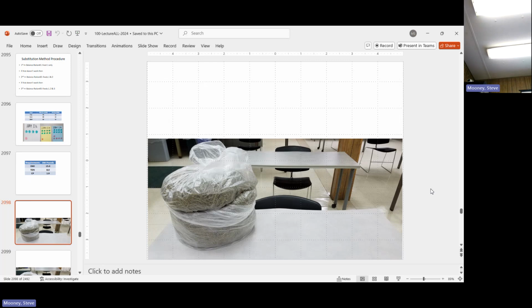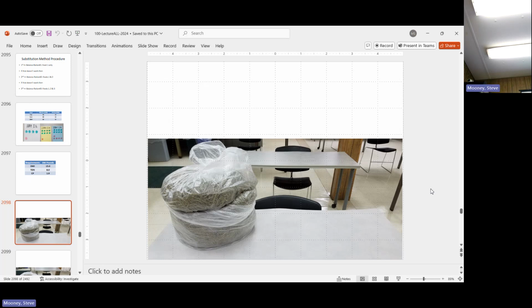This pile is representing 15 pounds of feed. So I got 15 pounds of feed. With 15 pounds of feed, my dry matter intake is satisfied. How much energy do I have in this pile of hay? It's 15 pounds of dry matter.